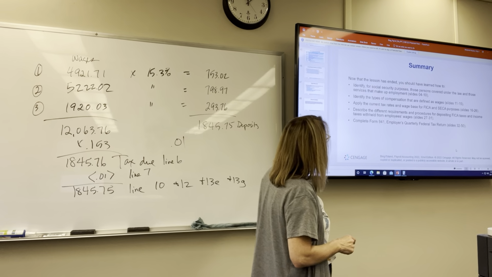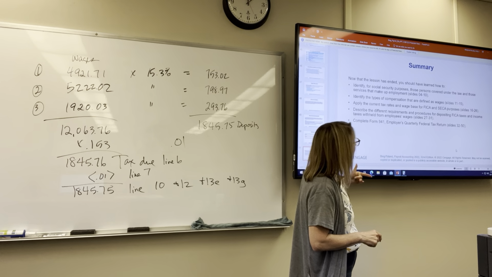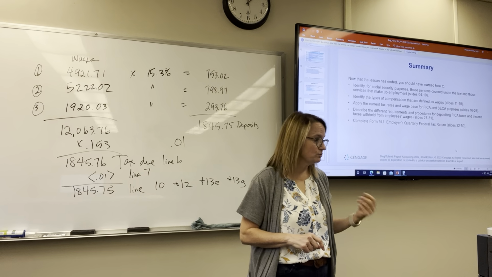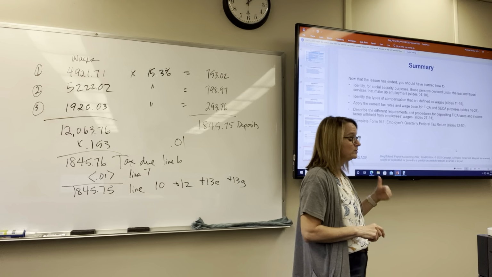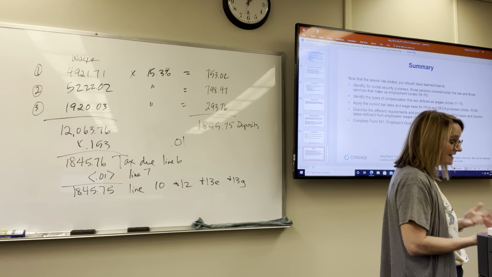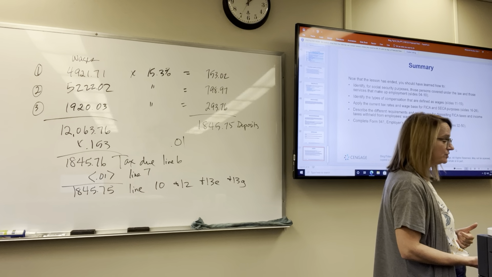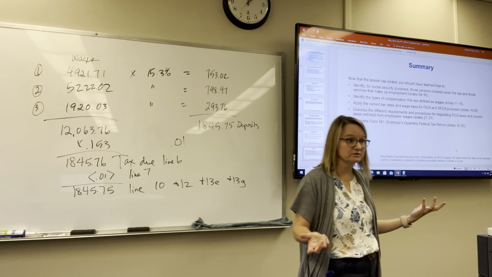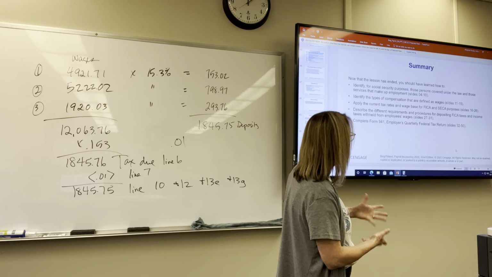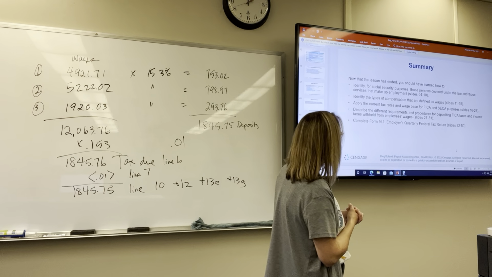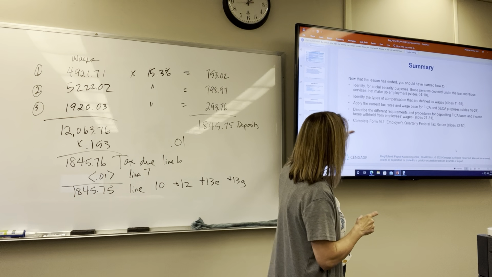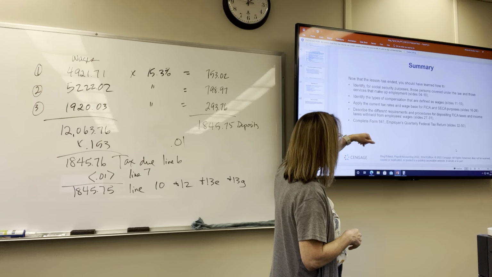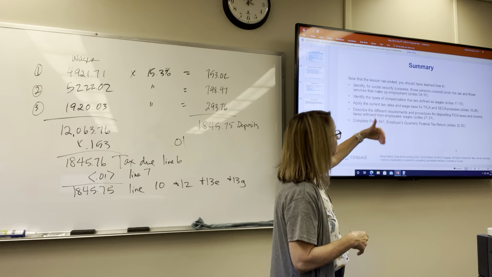So in this chapter, we talked about who is covered under Social Security, or who is subject to Social Security tax, what types of wages are subject to Social Security tax, and what is considered wages for Social Security and Medicare tax purposes. So we defined what types of compensation were considered to be wages for these purposes.